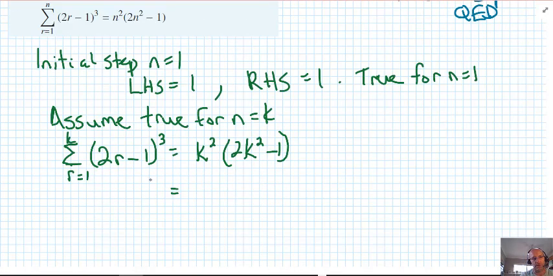Now, if we consider by substitution, we should get the following result. So we're kind of trying to prove the result of this step here.